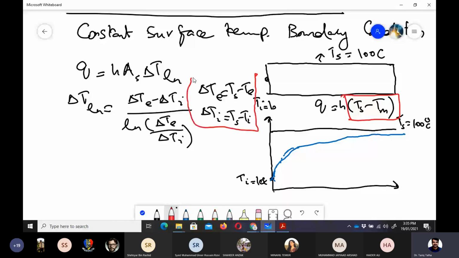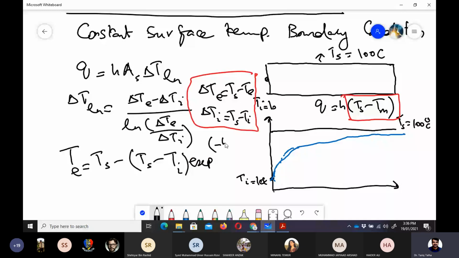We also discussed that if we want to determine Te from this, it is Ts minus Ts minus Ti into exponent of minus h As over m dot Cp. This exponent is called NTU, the number of transfer units, and we would come to that in a bit.